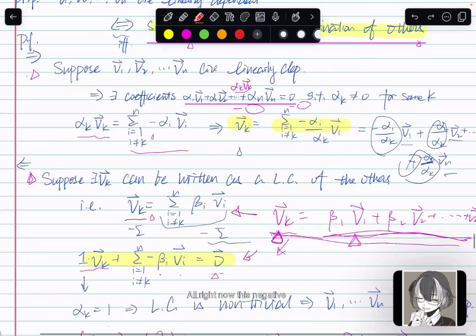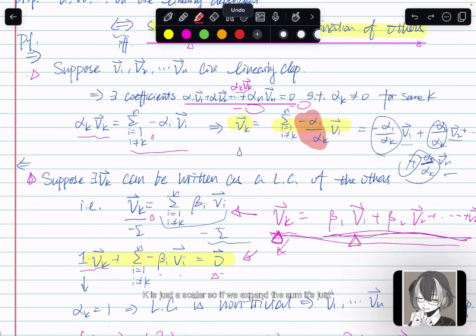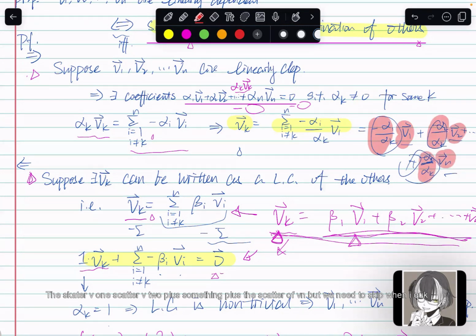All right, now this negative alpha i over alpha k is just a scalar. So if we expand the sum, it's just the scalar of v1, scalar of v2, plus something, plus the scalar of vn. But we need to skip when i equals k.